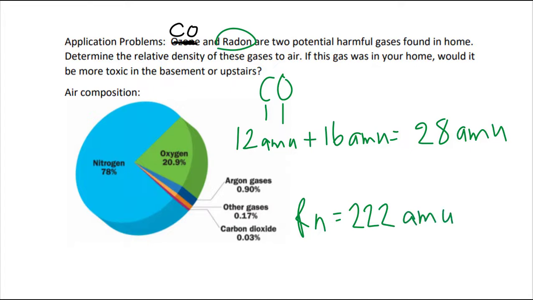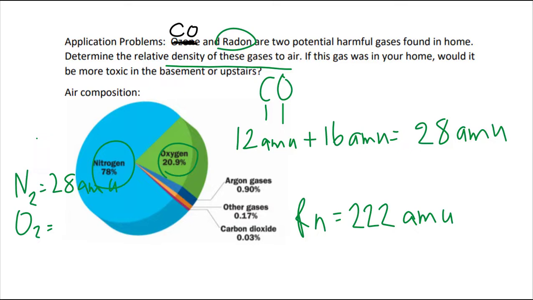And so if we think about air, look at these densities compared to air. Air is almost 80% nitrogen and a little over 20% oxygen. Nitrogen, N2, has a mass of about 28 AMUs, and oxygen, O2, 16 and 16 is 32 AMUs.